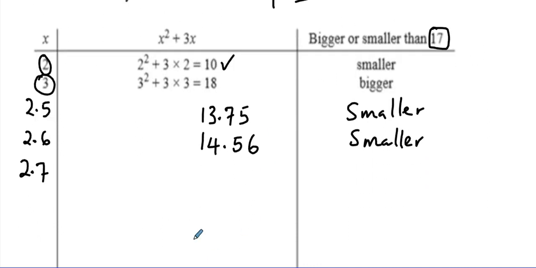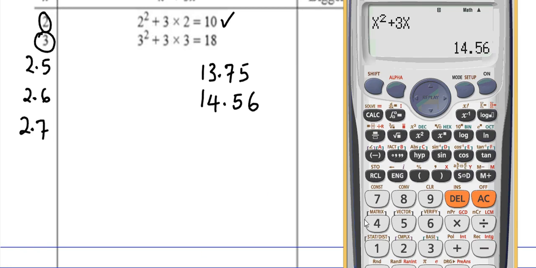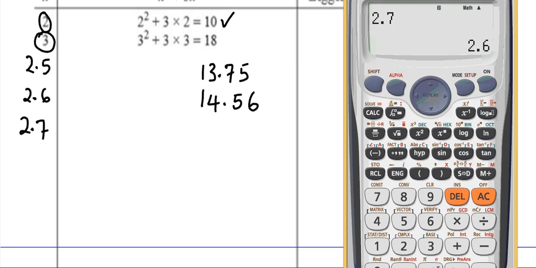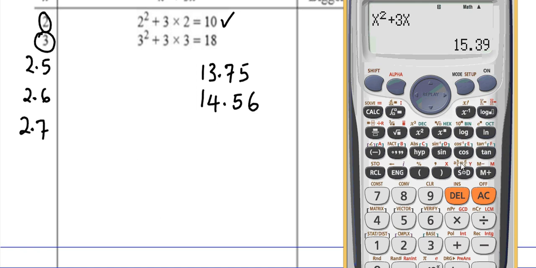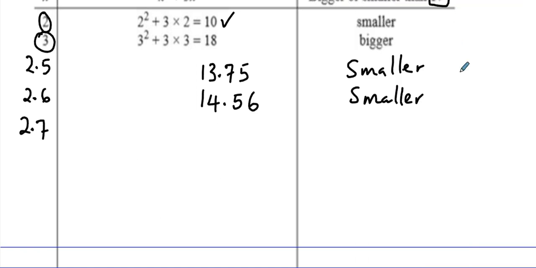Okay, so now let us try 2.7. Calculate the value of y when x is 2.7. We get 15.39, which is still smaller than the expected.